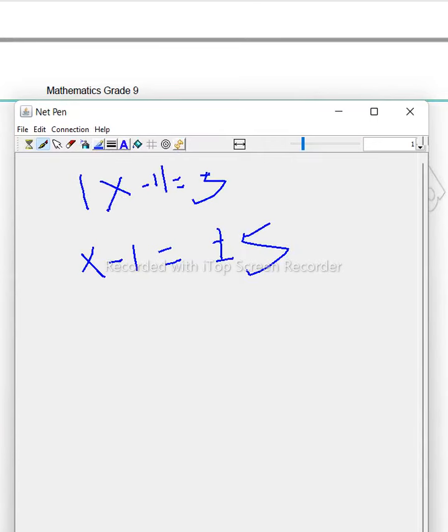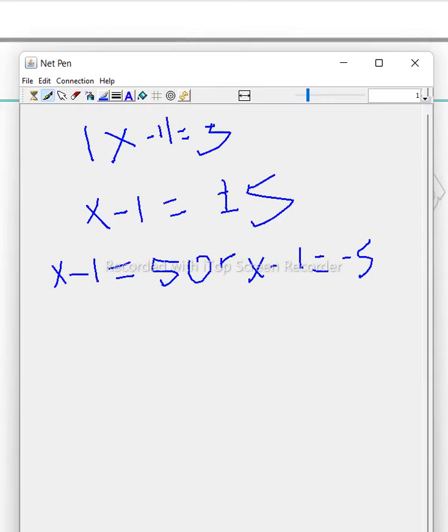So again, we can rewrite this with two equations: x minus 1 is equal to 5, or x minus 1 is equal to minus 5. So we have two different equations here. When we move the 1 here, it will become positive.